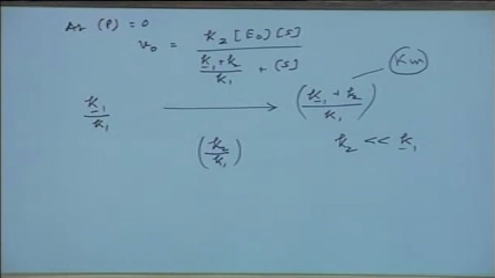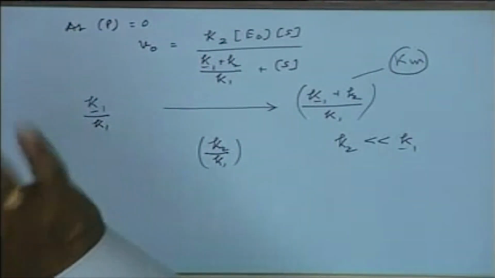If K2 is assumed to be a very small rate constant compared to k minus 1. So, but is that true? In most cases it is true incidentally, and that is why even the diffusion constant concept is feasible, because in most cases the rate of breakdown of enzyme substrate complex is slow, and that is the reason why many of the enzyme reactions are noted to be very slow in terms of the rate processes.